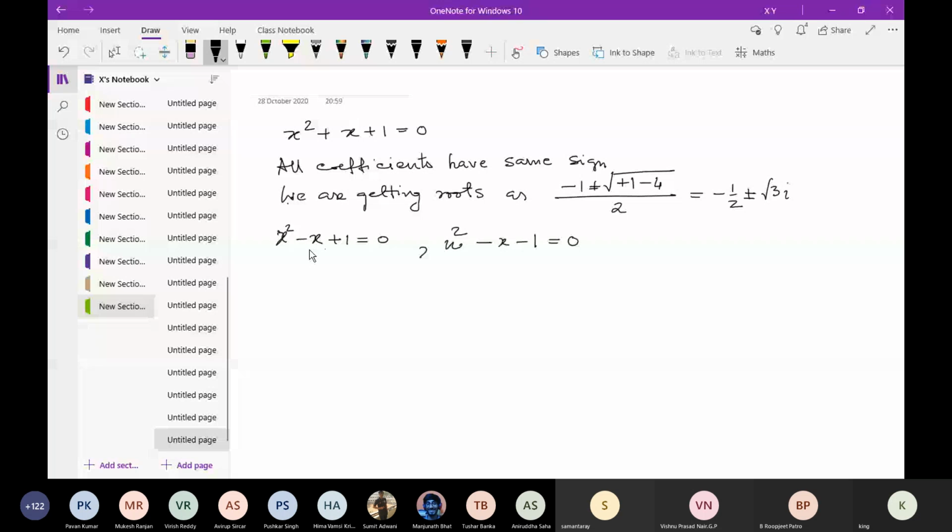So first of all, when we look at a polynomial, we have to check why the coefficients have the same sign.